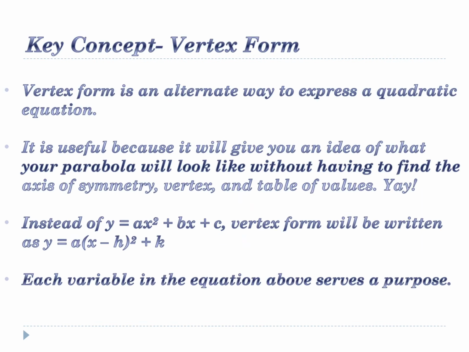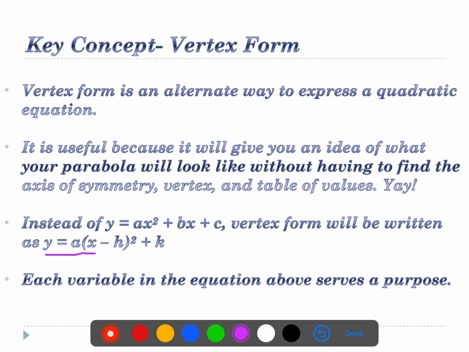Okay, so vertex form can be written as y equals a times (x minus h) squared plus k. So we see that the only variables that appear the same between ax squared plus bx plus c and vertex form are the a, and of course the x and the y.